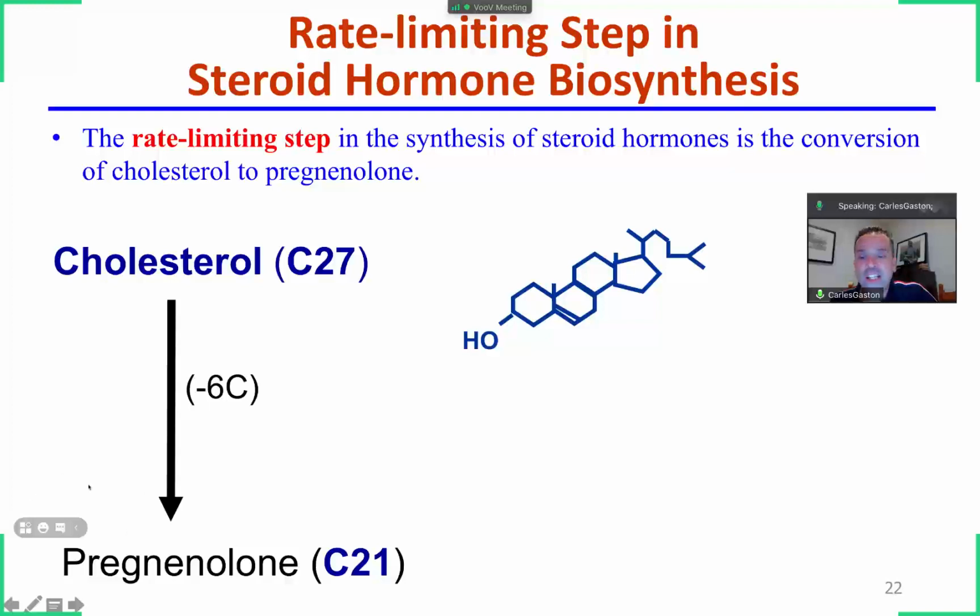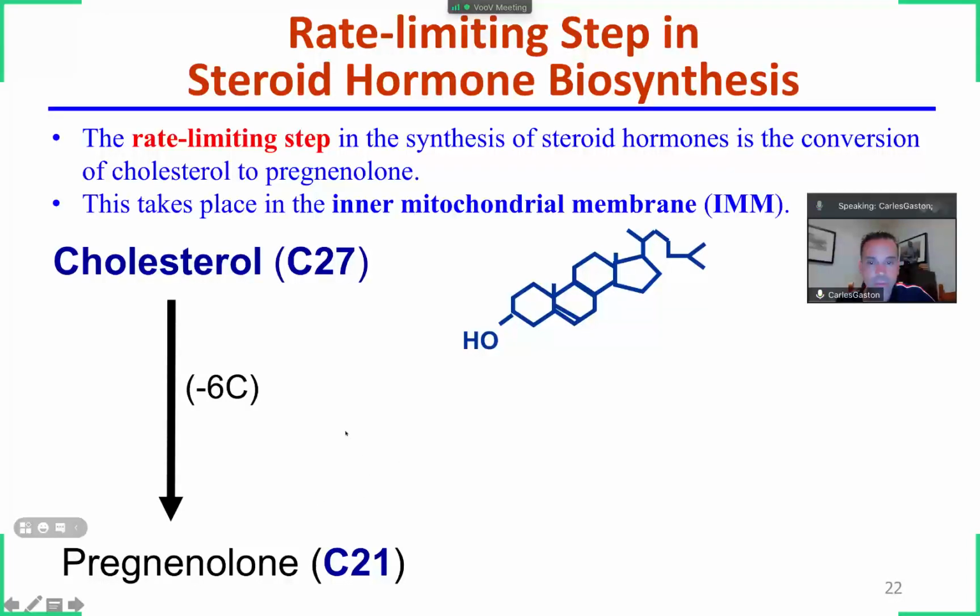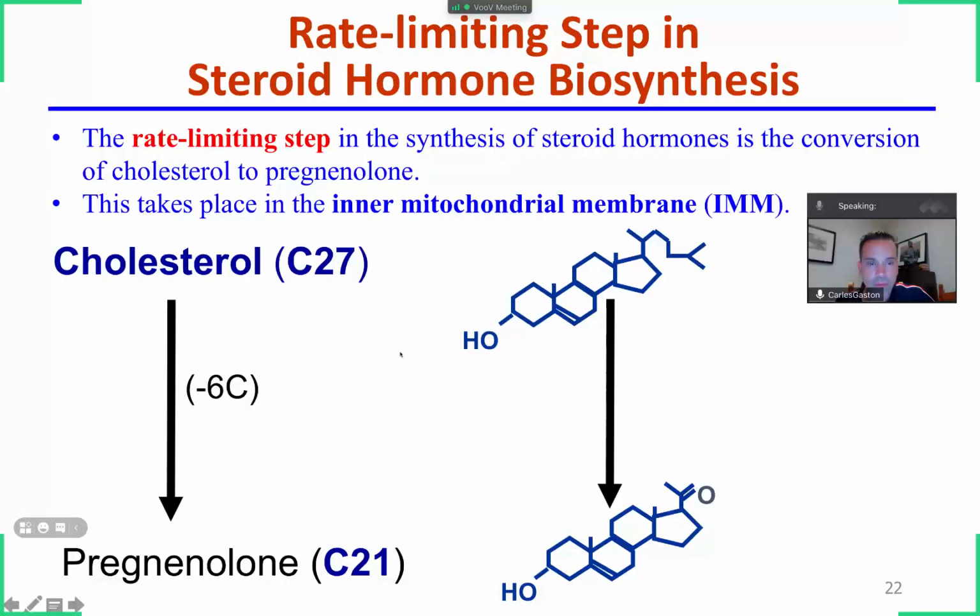So the cholesterol goes to pregnenolone, and as you can see it goes from a carbon 27 to carbon 21. So basically it will take out all this region here. We can see the modification of this tail. The rest of the structure is the same.